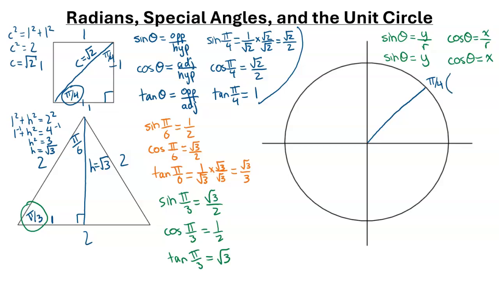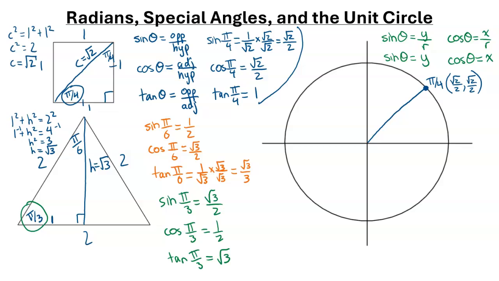And then the coordinates that's going to give us, the x-coordinate followed by the y-coordinate, but the x-coordinate is cos of the angle. And so cos of pi over 4 is root 2 over 2. And the y-coordinate is the sine of the angle, and sine of pi over 4 is root 2 over 2. And so the coordinates on the unit circle at an angle of pi over 4 are root 2 over 2 and root 2 over 2.